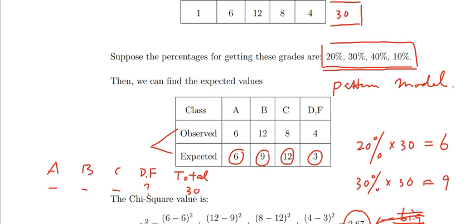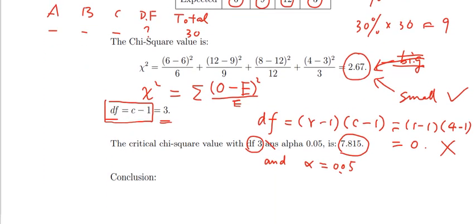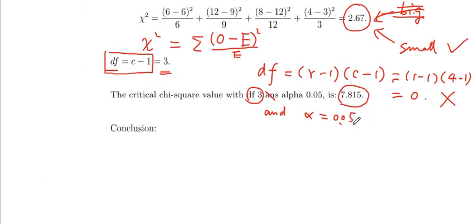So calculating this test statistic is important, and finding the critical value is also important. So how can we get this 7.815?